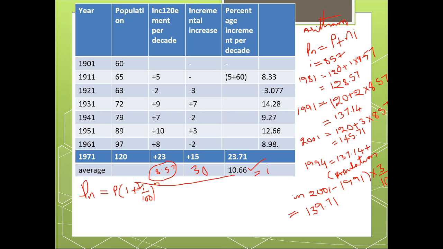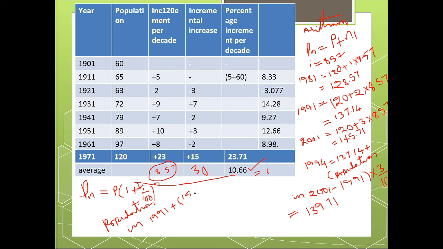How do you find out the population in 1991? That is population in 1991 plus 15.84.